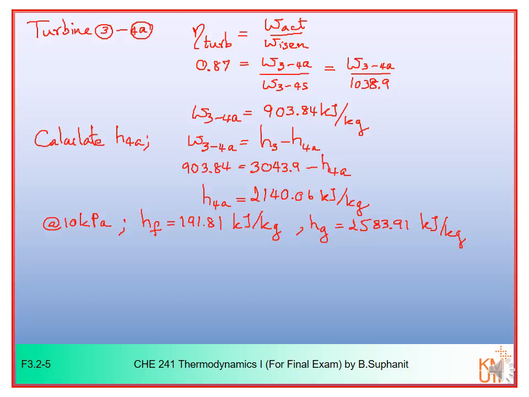Now you can see that your enthalpy at 4A lies between Hf and Hg. So it means that point 4A is located in the two-phase region. 4A is mixed phase.